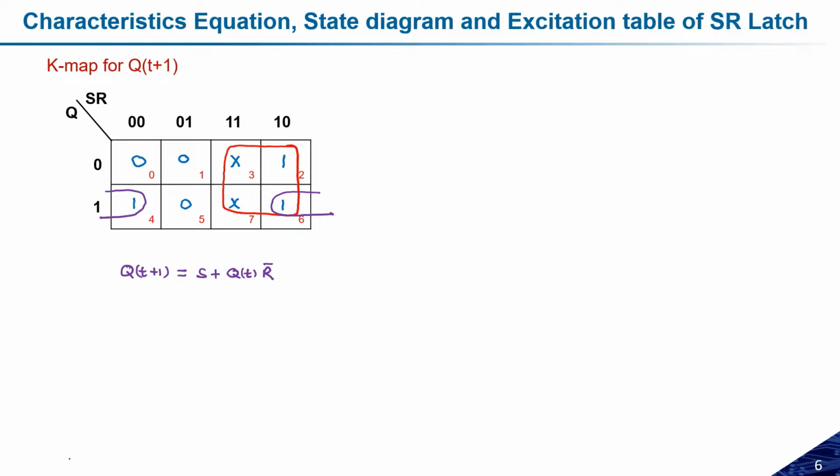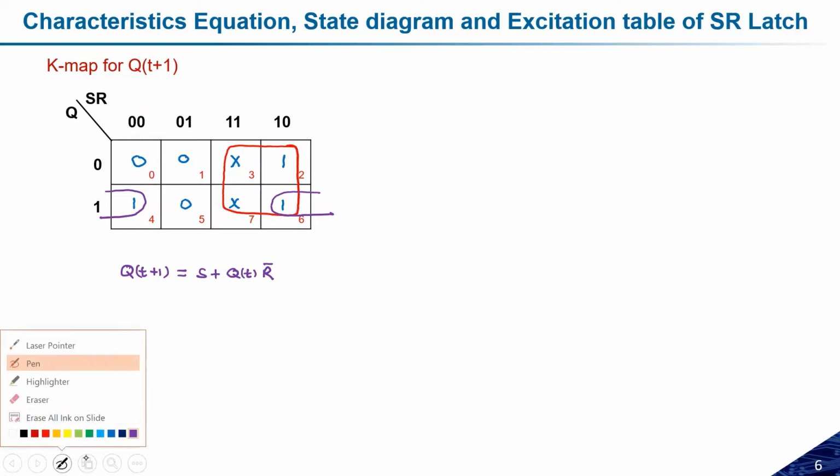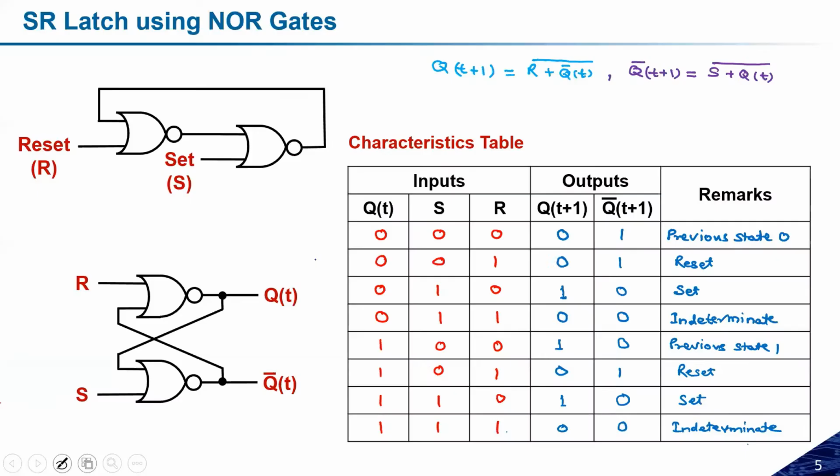Second thing, if we can go back to the previous slide, in the previous slide we saw that this condition and this condition are not acceptable. It means that this SR condition is not acceptable.